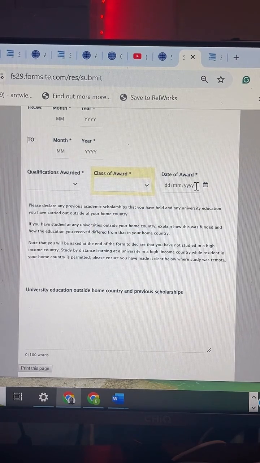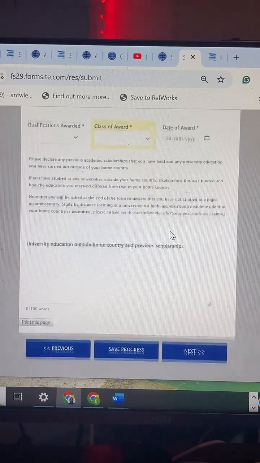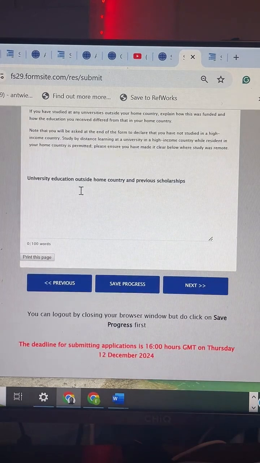And then you select the date the award was given to you, because they're going to compare the dates that you've stated, and then there is a section where you're going to submit your transcript and then your certificate. So make sure that you have it as exactly it is on your certificate.